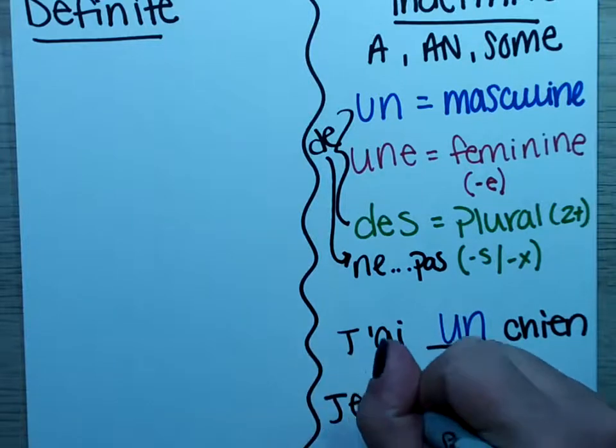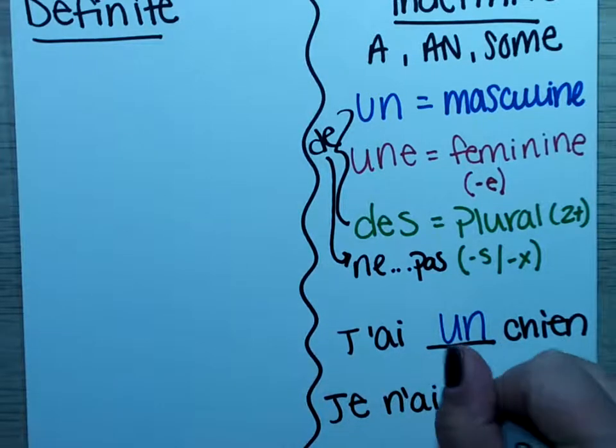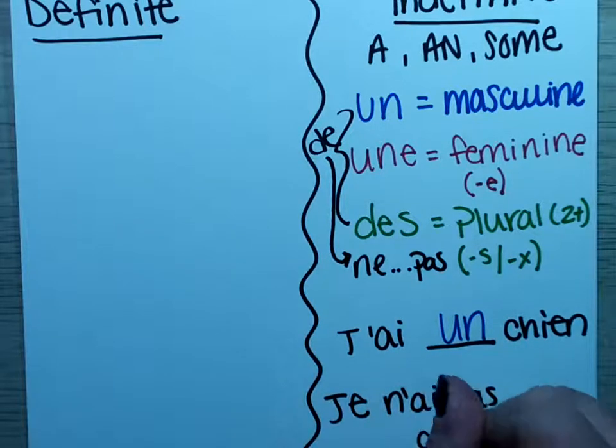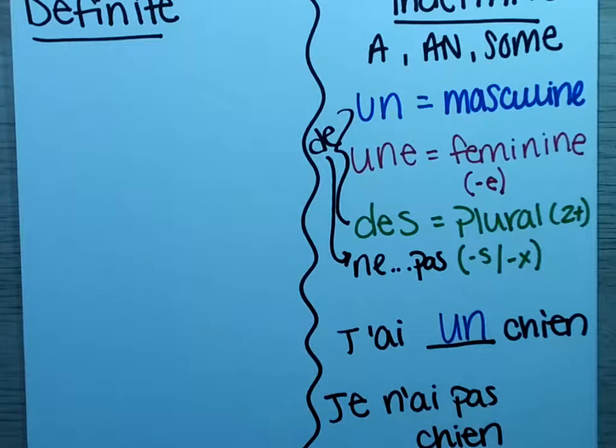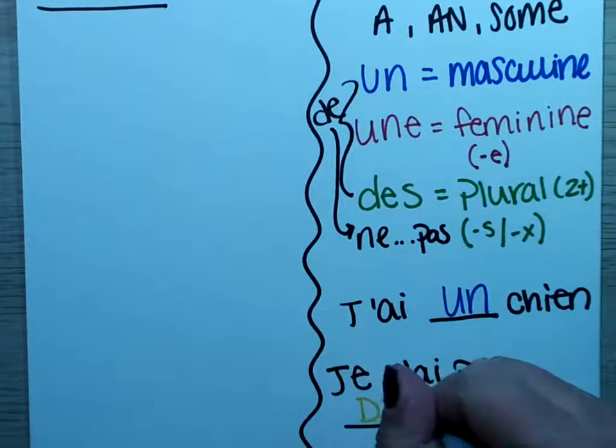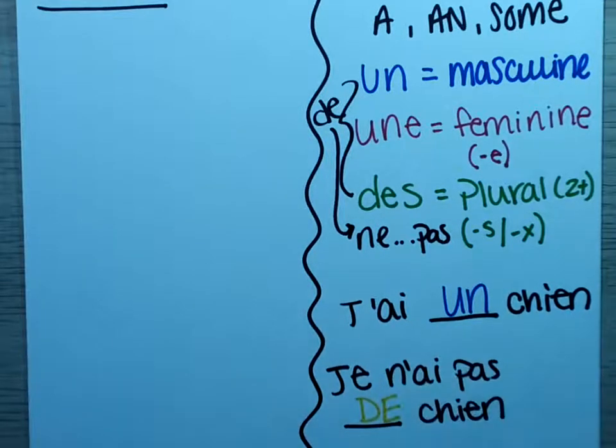So we're going to say, je n'ai pas blank chien. So to say, I don't have a dog, we have that ne and pas in our sentence. So we can take our article and it changes to de. So je n'ai pas de chien.